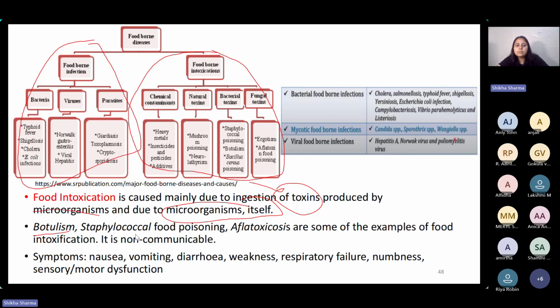Botulism, staphylococcal food poisoning or aflatoxicosis are primary examples of food intoxication, and it is non-transferable. Its symptoms may include nausea, vomiting, diarrhea, weakness, respiratory failure, numbness, and sensory or motor dysfunctions.